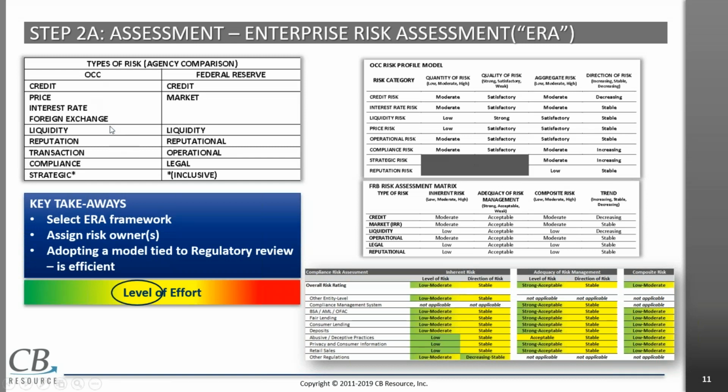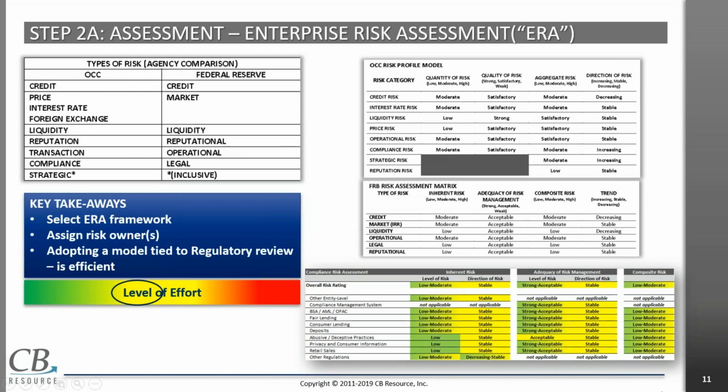For example, if you're an OCC bank, you might adopt their 8 key components of risk. FRB's got its own dashboard, if you will, or you could use CAMELS, which is another acceptable framework. The important thing I want to stress at this front end is to adopt a framework that is executable from your perspective, and if it happens to align with regulatory communication, that's not necessarily a bad thing.